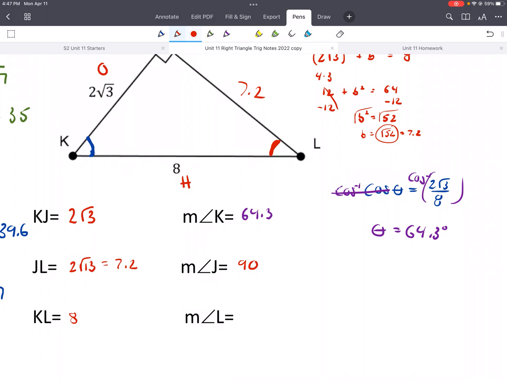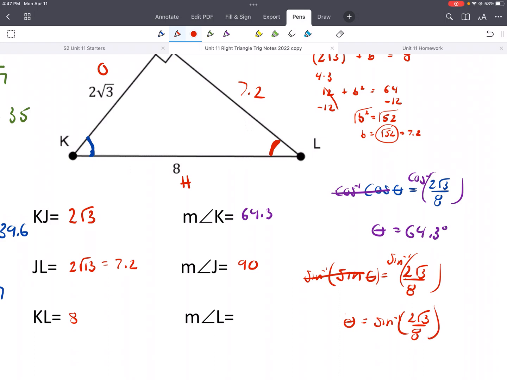So here we'd do opposite over hypotenuse, sine of theta is equal to opposite over hypotenuse. Again, we'd take sine inverse of both sides. So again, that cancels. Theta is equal to sine inverse of 2 square roots of 3 over 8.